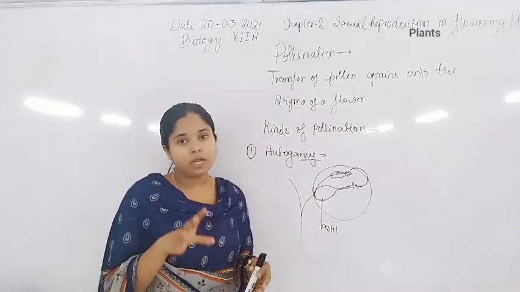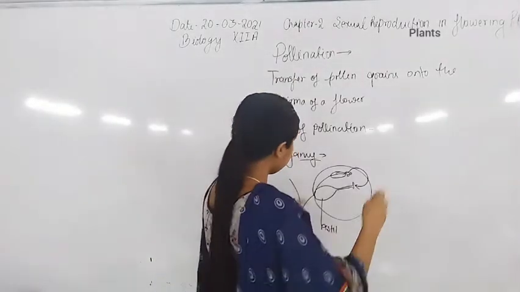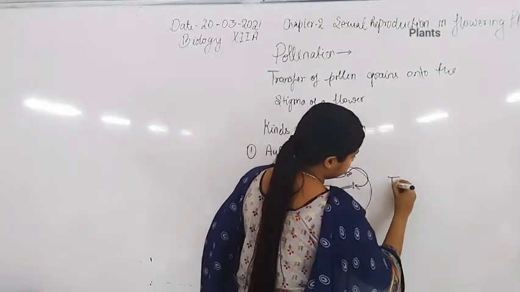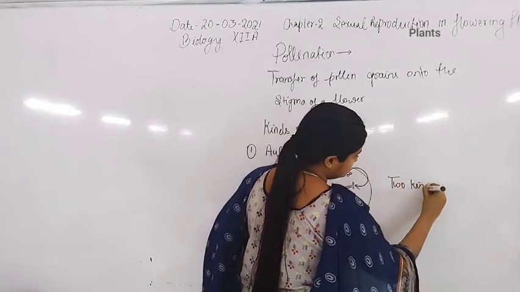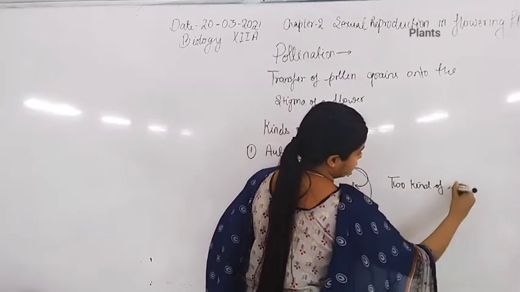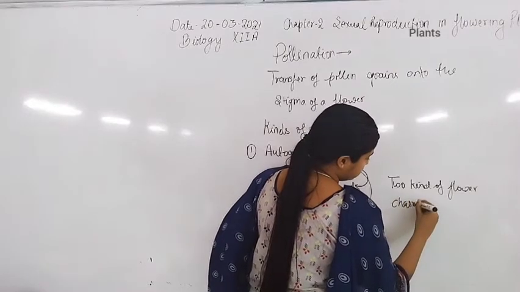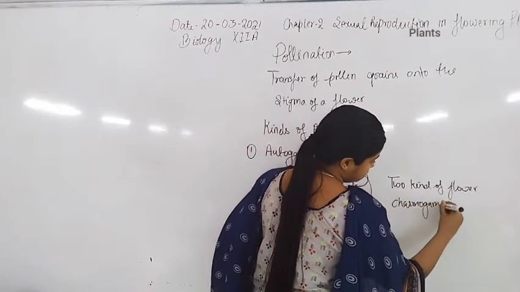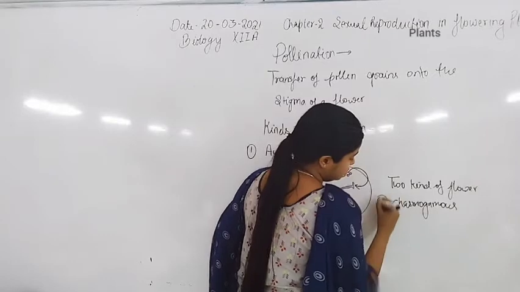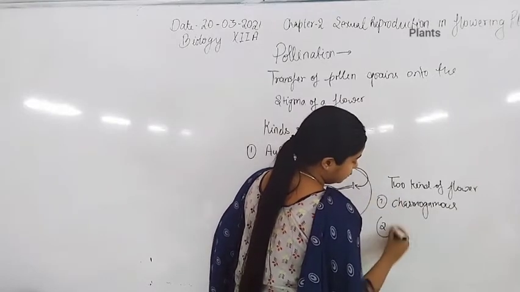So there are two kinds of flower: first is chasmogamous, and second is clistogamous.